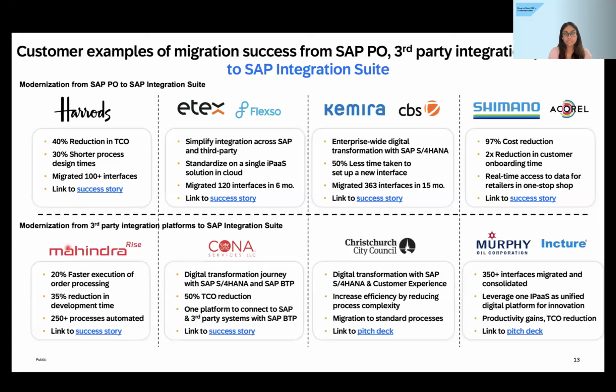That's where they used Integration Suite, and they have seen a 35% reduction in development time on the newer platform. Also, 20% faster execution of order processing. So these are some examples to show how our customers are using Integration Suite to modernize their landscape, to modernize their integrations, and ease their journey and have the digital transformation in place.